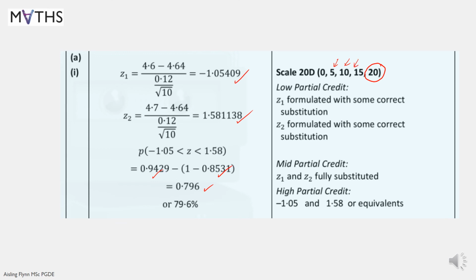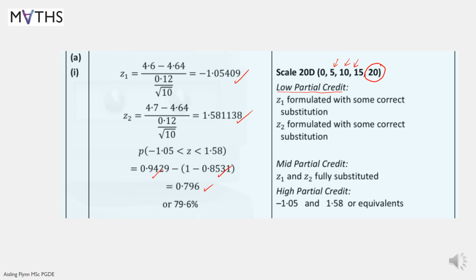Okay, so 5 would be known as a low partial credit, and you'd get 5 if you had a go at calculating the z-score. Z1 formulated, so use the formula and you put in some correct values when you're substituting, or if you got some of Z2 right.